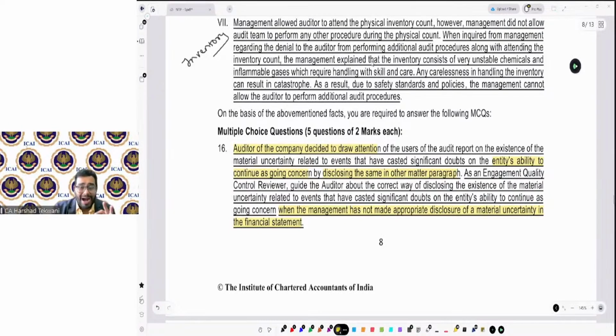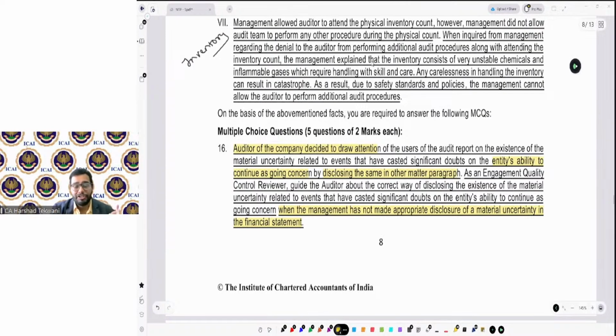So here, in this 16-mark question, you need to answer how you will report the matter in your audit report when you identify that management has not disclosed anything about such events which are casting significant doubt on the entity's ability to continue as a going concern.